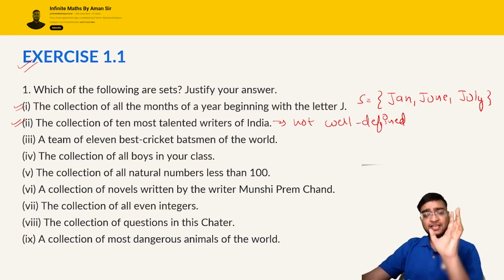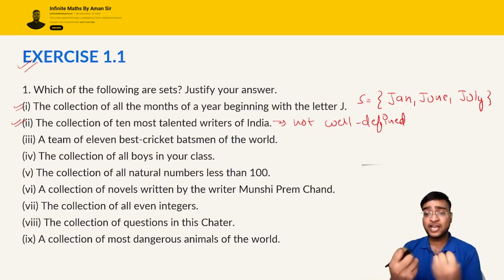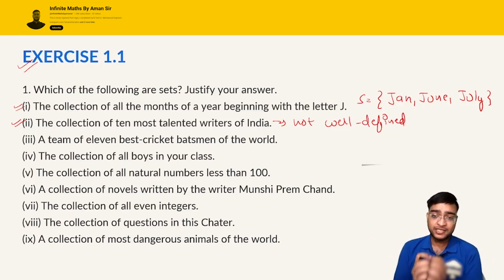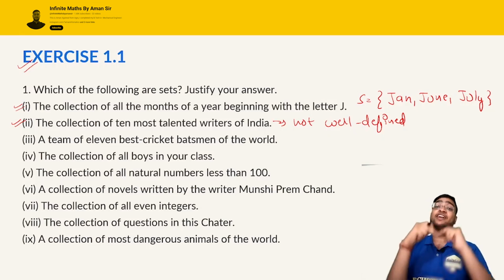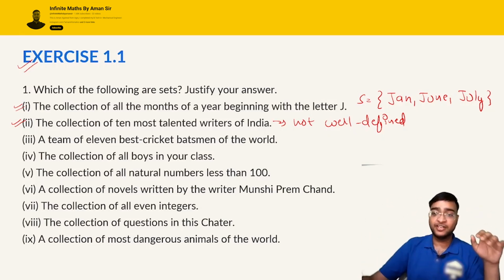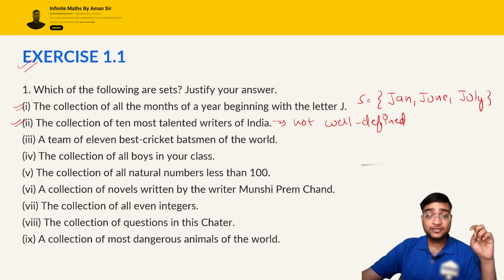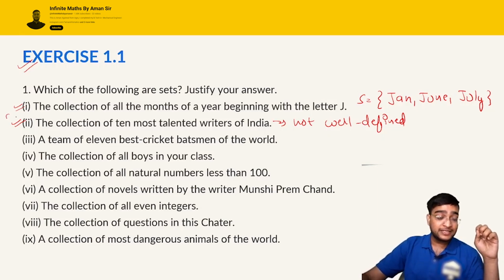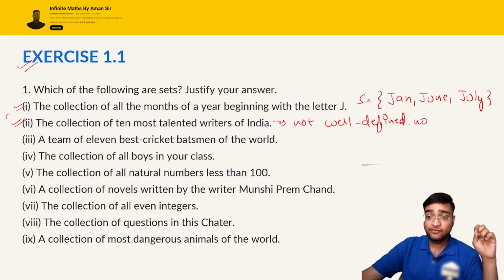But this question is asking in general, so it is well defined in your case, well defined in my case, but in the universal case it is not well defined, so this is not a set. Okay guys, this is not a set.